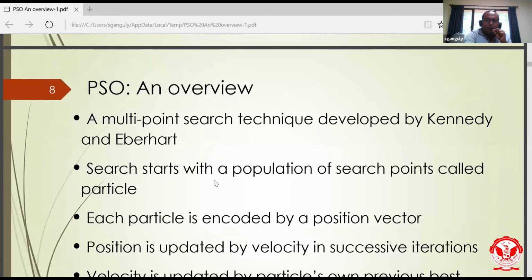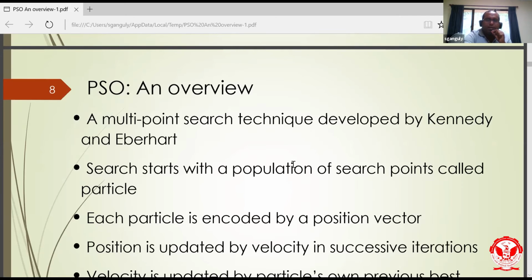Here the search process starts with a population of solutions, which are called particles.